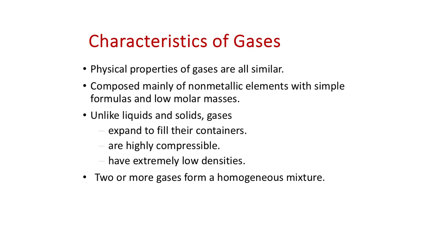So we can have mixtures, but they're always going to be homogeneous, meaning mixed perfectly. If you have a gas mixture, you're not going to have the heavier molecules at the bottom and the lighter at the top. Because the particles are always in motion, a gas mixture will always be randomly distributed in the container, so equally mixed.